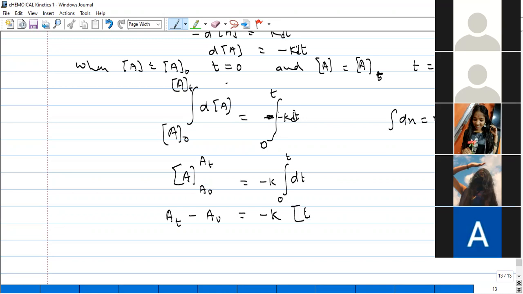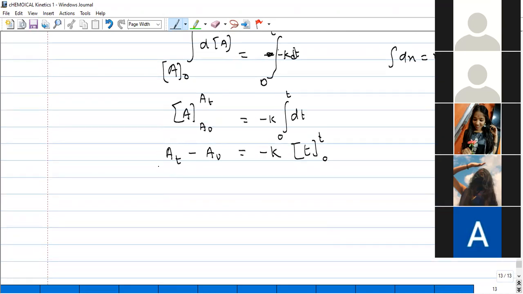So this is At minus A0 is equal to minus k, integration of this is t minus 0. So you get At minus A0 is equal to minus k into t. So kt is equal to A0 minus At, or k is equal to A0 minus At upon t.